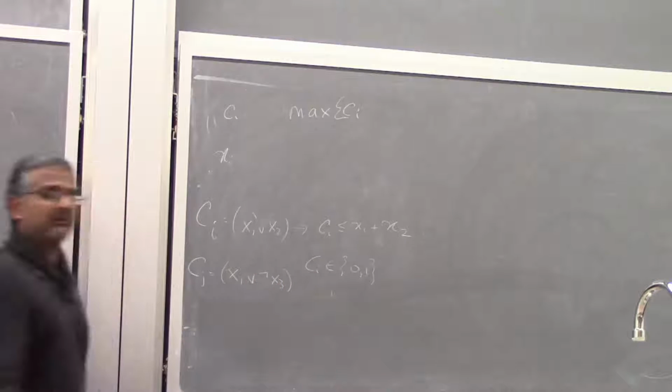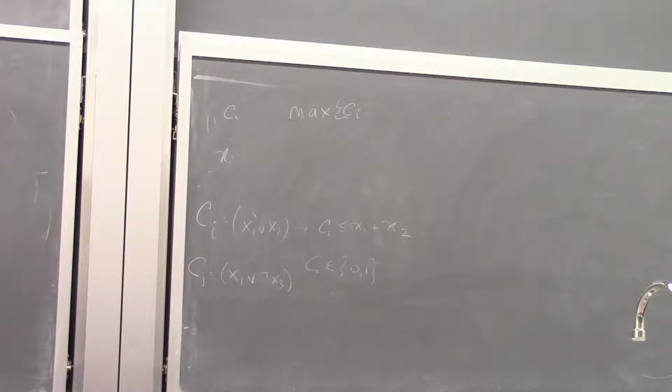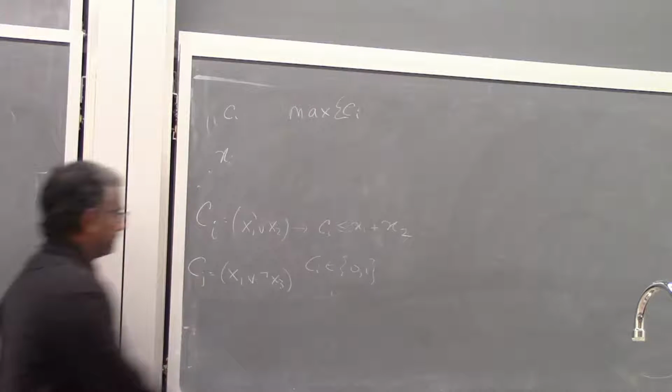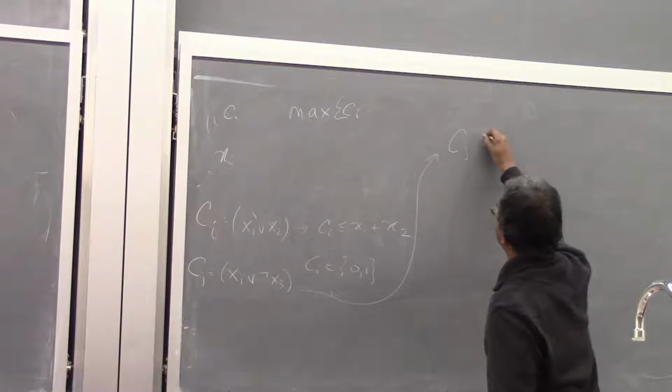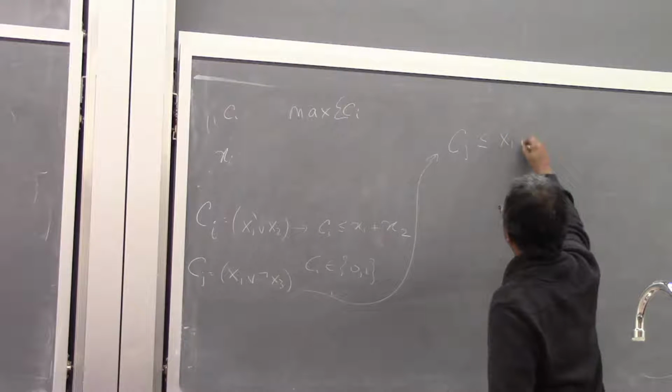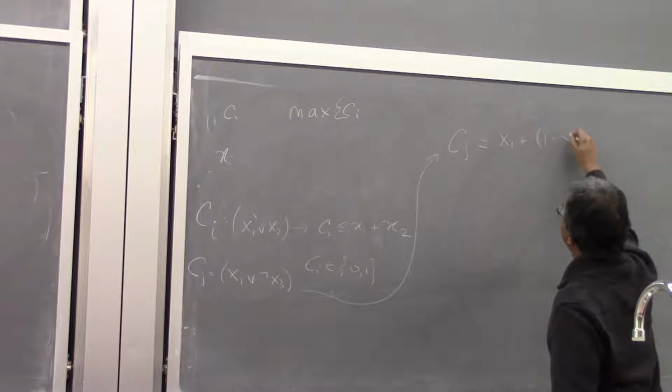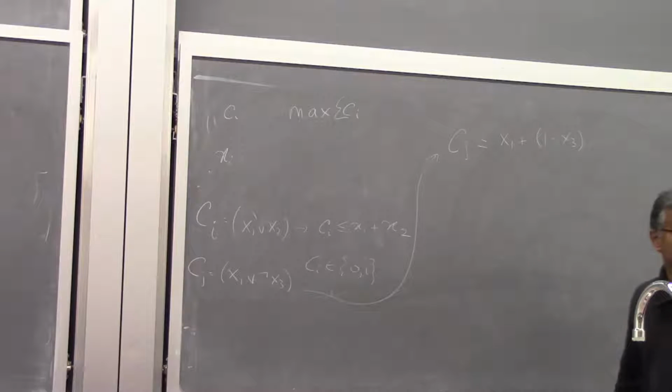How do I write this clause now? Now what do I do? 1 minus x3. Tell me what the inequality will look like. Cj in this case: Cj is less than or equal to x1 plus 1 minus x3. Right? You see the 1 minus because you're just flipping a 0 to 1.